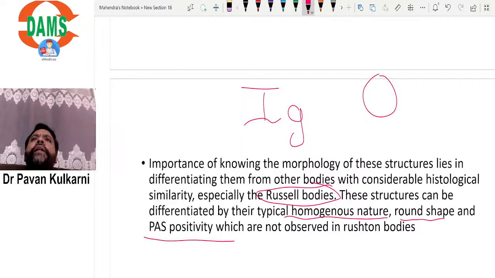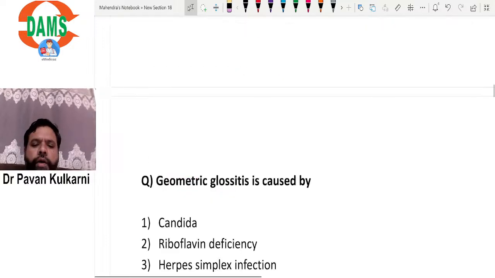So Rushton bodies are not homogeneous, they are hairpin shaped, and they are not PAS positive, whereas Russell bodies are homogeneous, round in shape, and PAS positive. So this is what you have to remember to differentiate between a Rushton body and a Russell body.